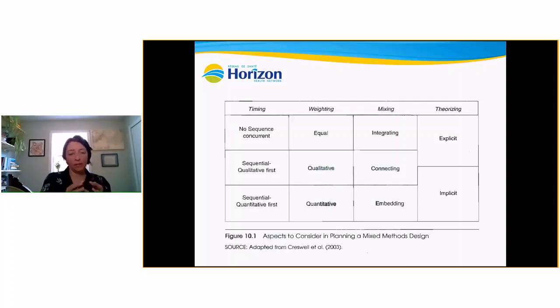That can be really great because then these people give you more information that can help inform what is really the main thrust, which is this bigger quantitative piece.